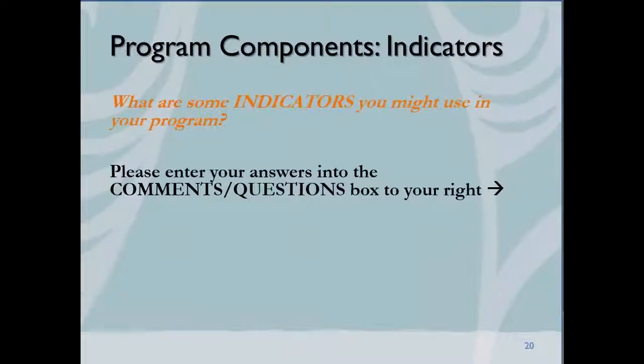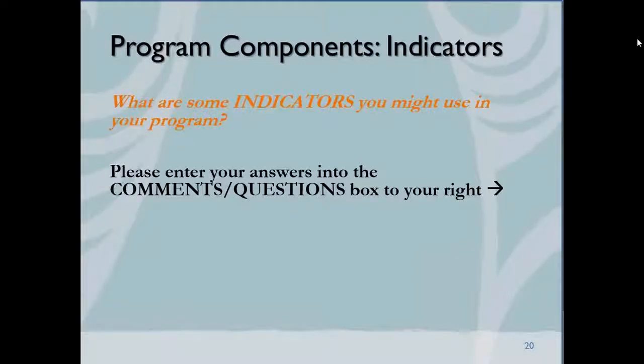Percent of students advancing to the college math level, reductions in recidivism rates for students. Another indicator that somebody has shared is a percent of students enrolling in college, again, in the STEM subject, and the percentage of those completing that program.